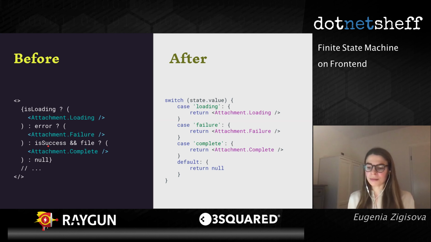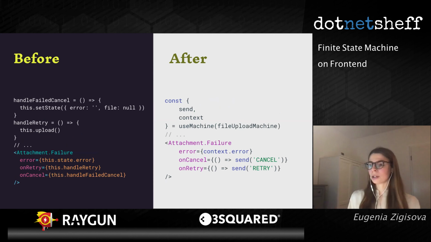And due to some mistake, theoretically, is loading and is success could be true at the same time. But in case of using a state machine, we rely just on one value, the current state. And based on it, we render a particular element. And it also allows us to use switch, which is much more readable.